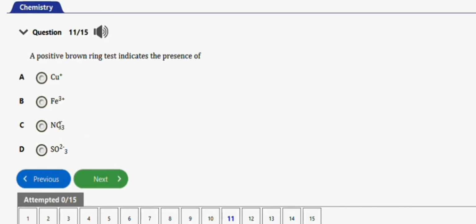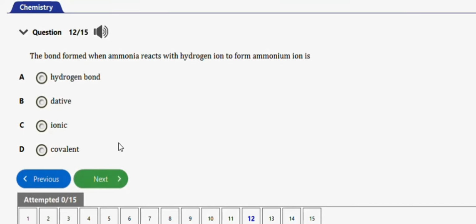So the right answer is option C. Okay, so that's the answer to this question, option C. The next repeated question, take note of this question, guys. The next repeated question will be this one. It says the bond formed when ammonia reacts with hydrogen ion to form ammonium ion is obviously dative bond, option B.